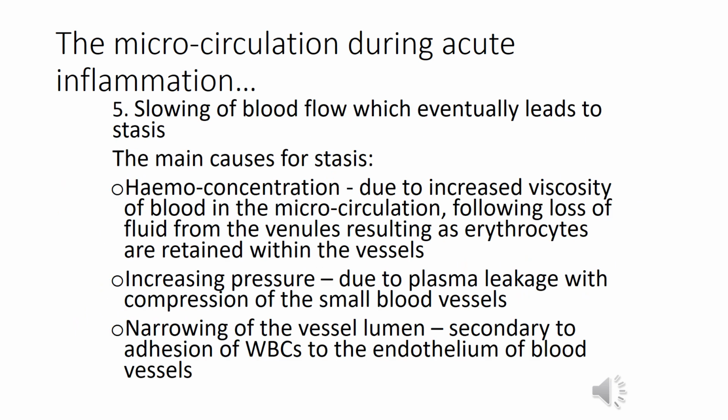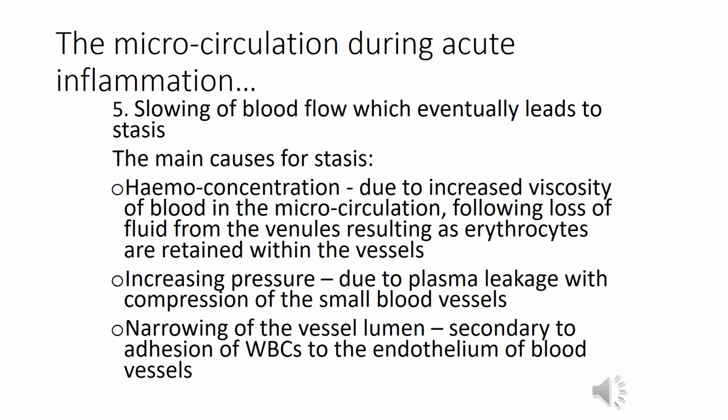Now, we also talked about slowing of blood at the point of inflammation. These are the reasons why you will have stasis or slowing of blood at the site of inflammation. Number one is hemoconcentration. Hemoconcentration just means there is less water within the blood vessel cavity, with lots of solutes.